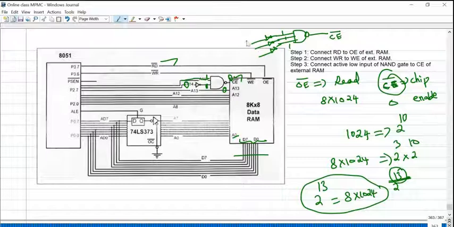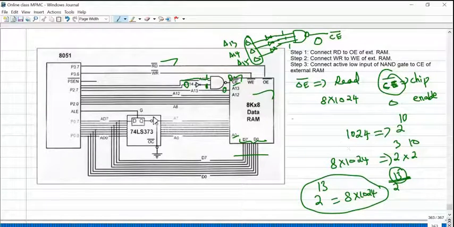You keep these always 0, as we are not going to use them. So through the inverters you get 1, 1, 1 as input to the NAND gate, and you will get output 0. So this chip will be selected. You can follow this procedure. It is the simplest way.